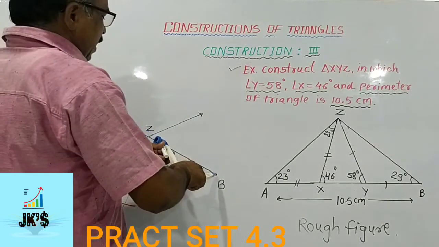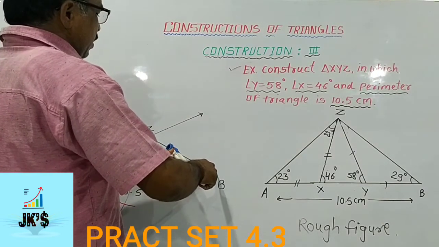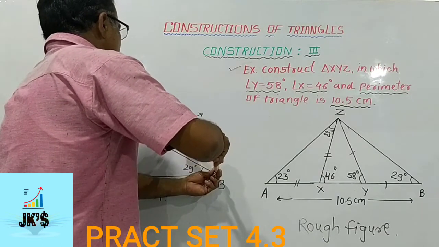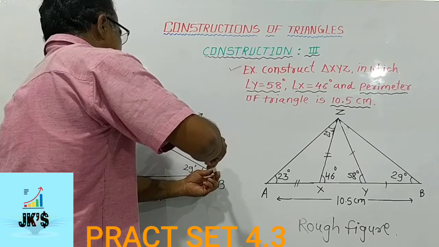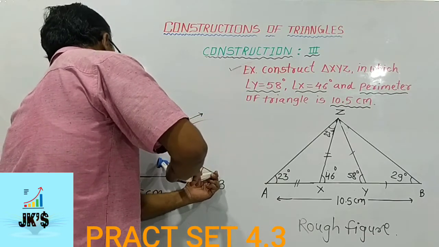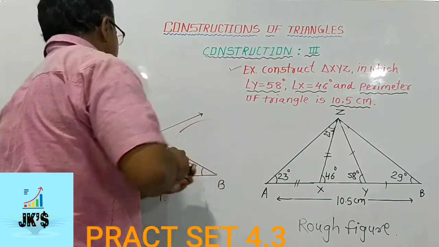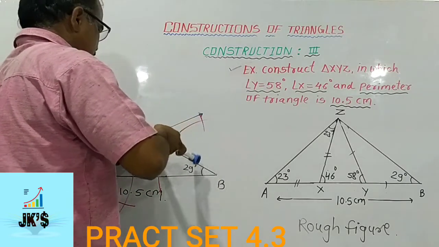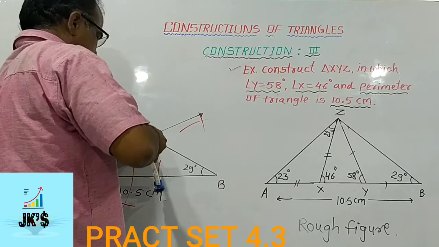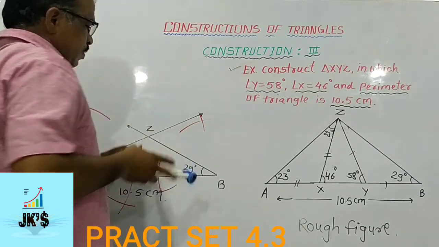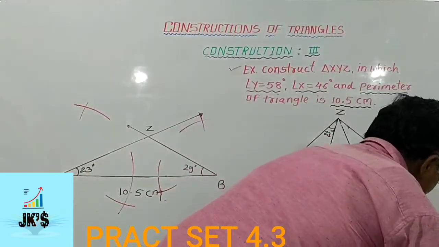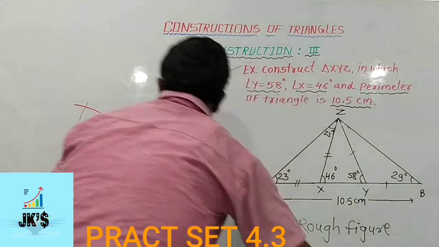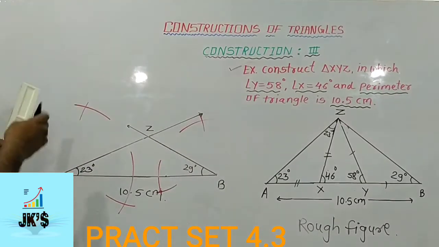Now take a distance slightly greater than half of BZ and a similar process takes place, that is draw the arcs on both sides of BZ.